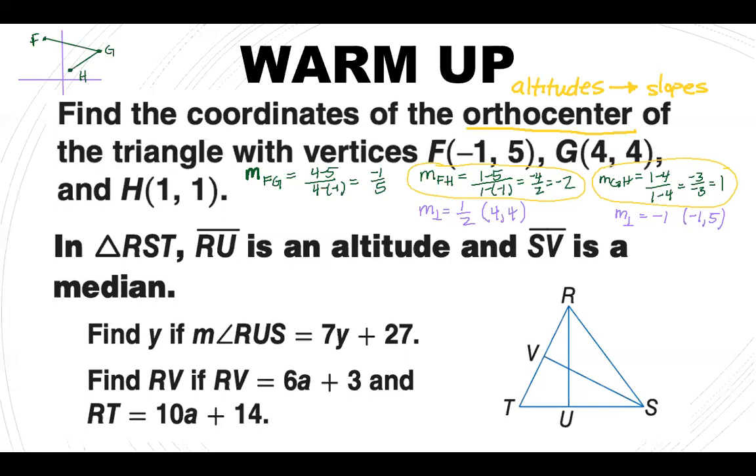And so then I need the line that's perpendicular to FH. I'm going to put it in purple because I'm using purple there. So that's going to be this one. It's probably going to be something like that. And then the one that's perpendicular to GH, that's going to be this one. And then I'm trying to find this point right here. That's definitely not drawn to scale or accurately, but that's what I'm looking for.